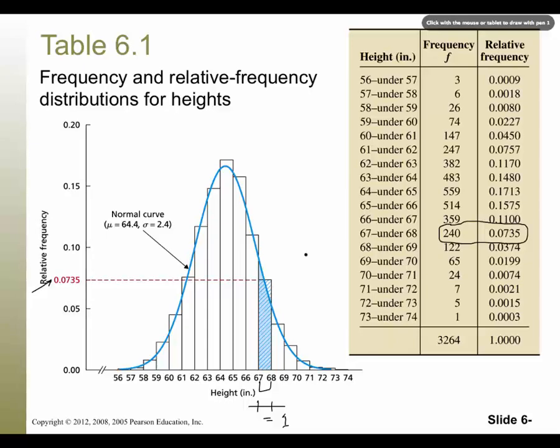So what would the area of that rectangle be? 1 times 0.0735, or base times height, right? So the area beneath the curve within a range is matching up with the relative frequency or the probability of being in that range, because you could calculate the area of that rectangle.